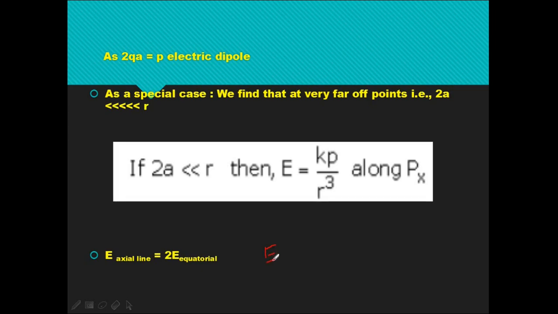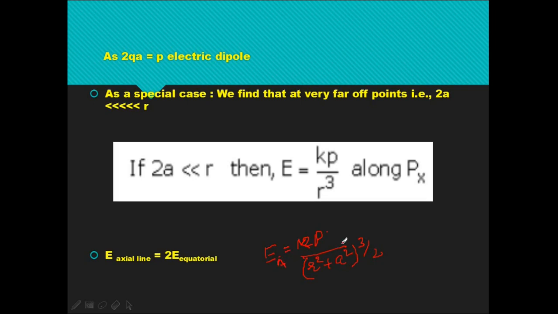The final result is E on the axial line is equal to 2 times P over R square plus A square raised to power 3 by 2 into K. Now this is 2 times the equatorial line, means this is the axial line.